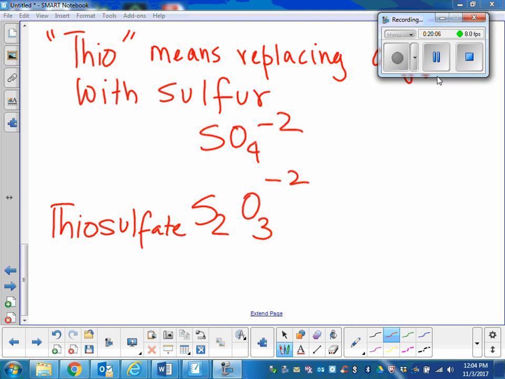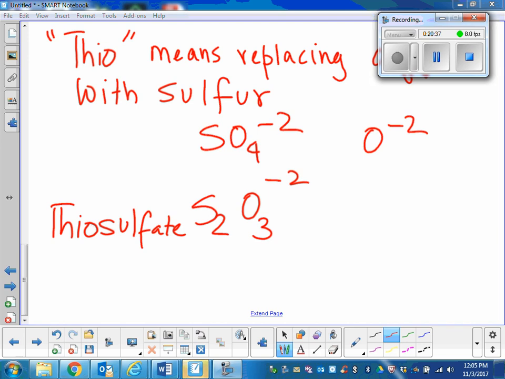All right, guys. So we did the thiosulfate, all right? There are very few that are now left in this sheet that you really have to know. So this is oxide, correct? What does per mean?